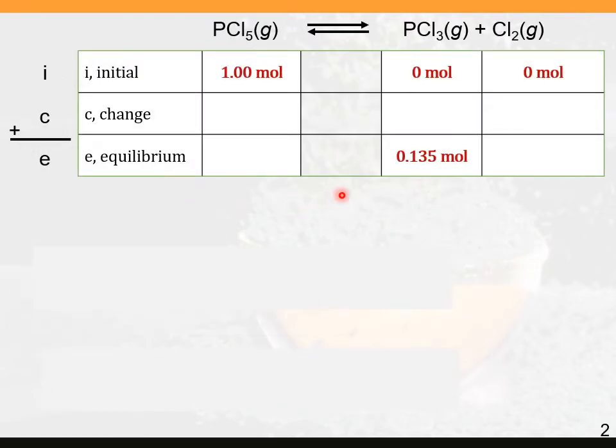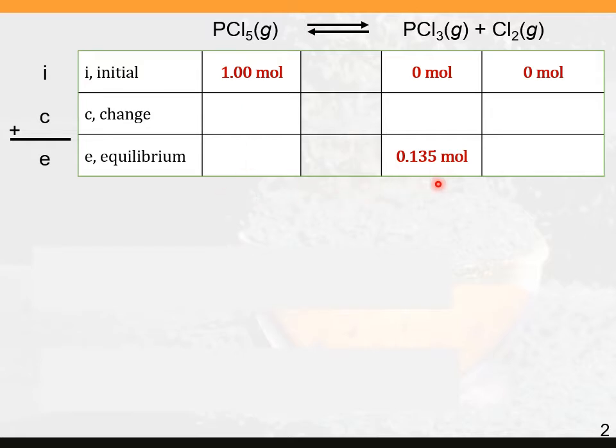Once the given quantities or concentrations are put into the table, the empty cells can be calculated. The table is constructed in a way that initial plus change is equal to the equilibrium value. The sum of the first 2 boxes is equal to the third box.